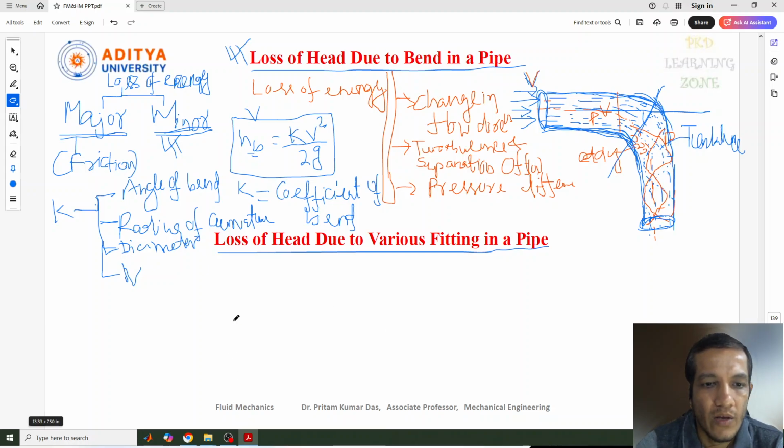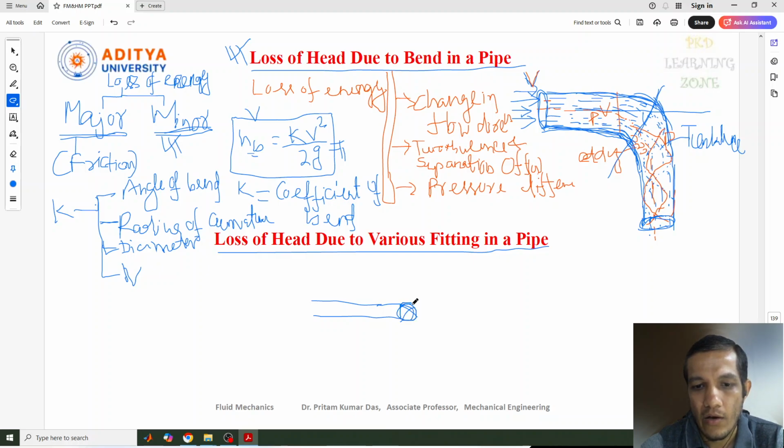And similarly, the next parameter is the loss of head due to various fittings in a pipe. As I told you, these are the cases in the minor losses. Now you can see in our pipeline we have a number of fittings, either valves, or the bend I already showed you.